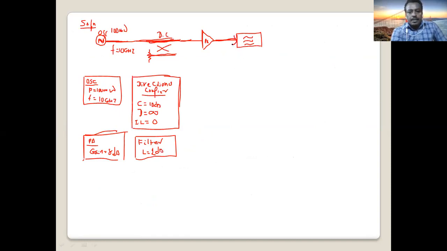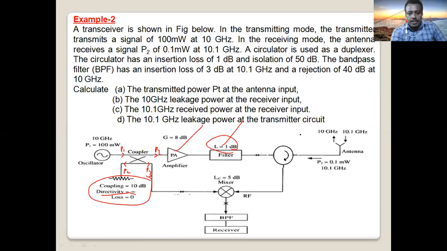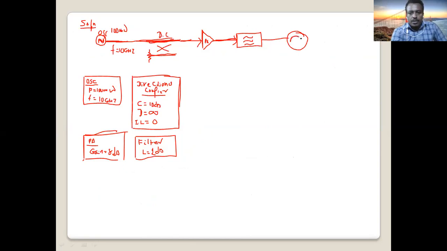Then the filter output goes to what? It goes to our circulator. As you can see here, this is a clockwise circulator. Port 1, port 2 connected to the antenna.